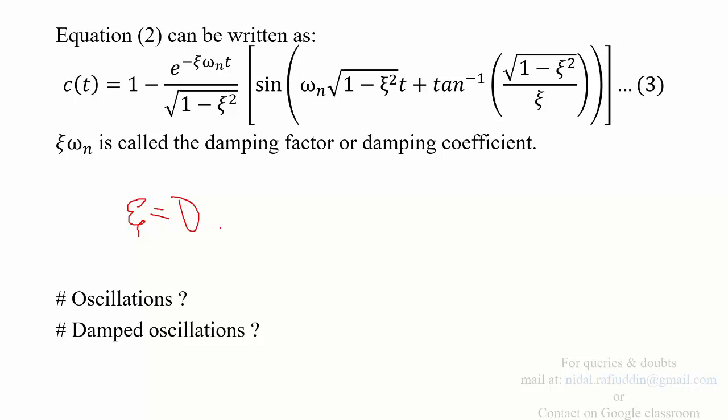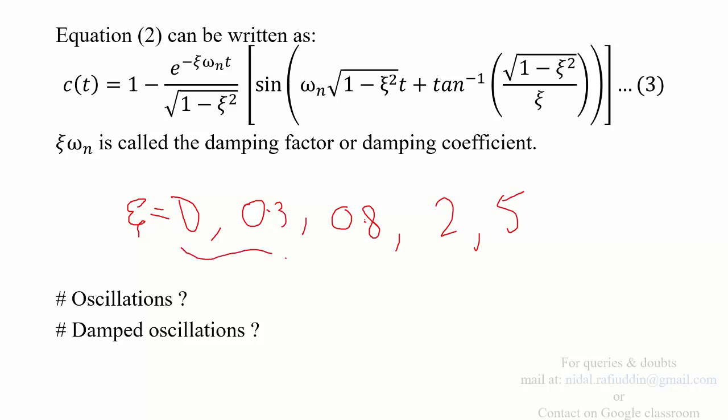What I'm going to do is plot c(t) for different values of zeta. I'll choose zeta as 0, then 0.3, then 0.8, then 2, then 5. There are two more cases.